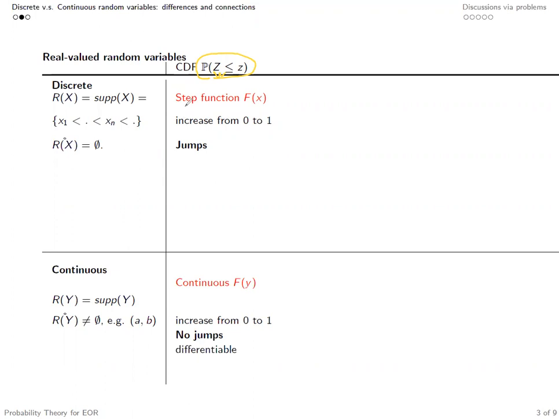So for a discrete random variable, we have a step function. Those are right continuous functions that remain constant in certain intervals and then suddenly jump. These are also increasing functions from 0 to 1 with jumps, right? So if you recall the figures we have, it looks like this, right? It suddenly jumps and perhaps jumps again and increases from 0 until 1. After it achieves 1, it's always 1 afterwards.